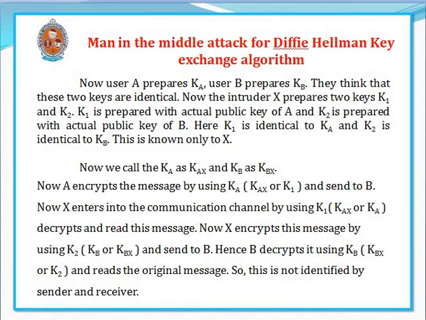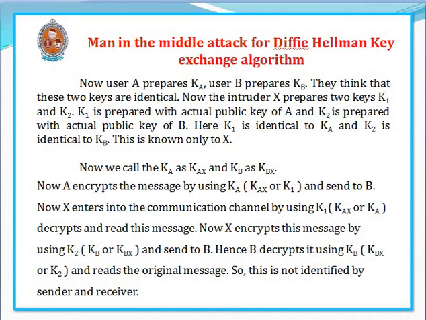This is only known to intruder X. Now we call KA as KAX and KB as KBX. KAX and KBX are generated by intruder X.